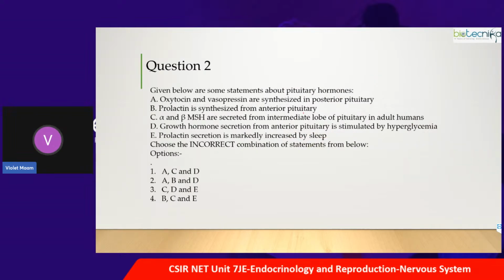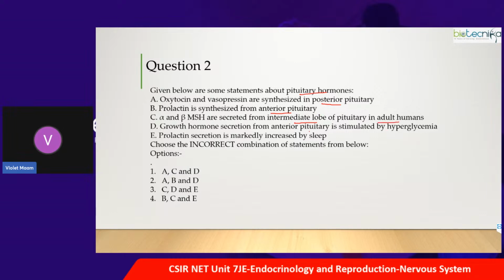Again, this question is from the endocrinology part. Yes, Sunshine, correct, for spermatogenesis, absolutely. So given below are some statements about pituitary hormones. A. Oxytocin and vasopressin are synthesized in posterior pituitary. B. Prolactin is synthesized from anterior pituitary. C. Alpha and beta MSH are secreted from intermediate lobe of pituitary in adult humans.